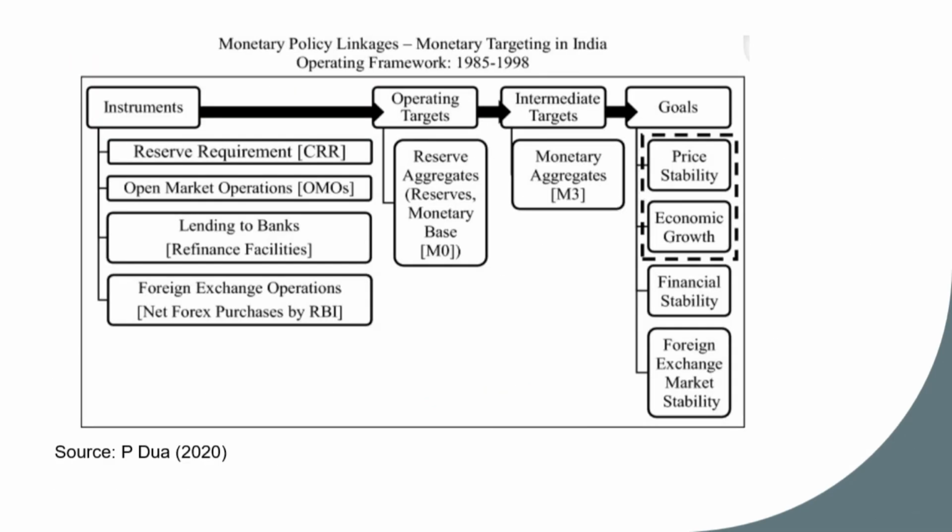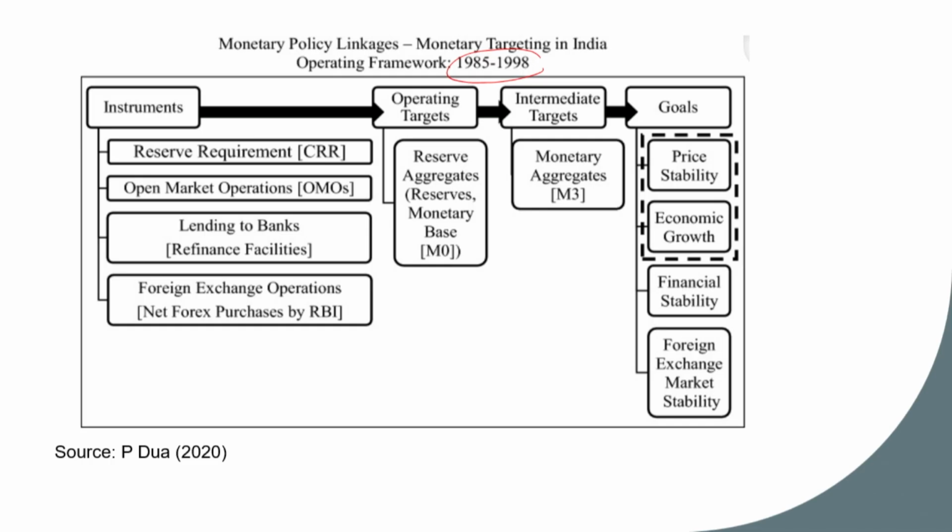So I'm just showing you the monetary policy linkages, the monetary targeting in India, the operational framework from 1985 to 1998. After that, I will show you the recent framework, the framework that we have been adopting.